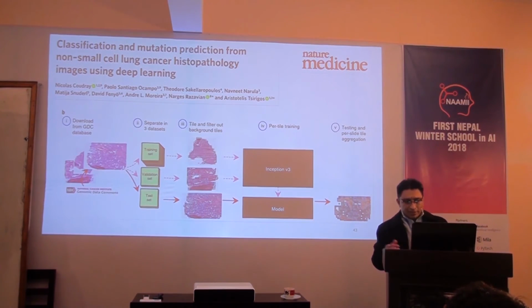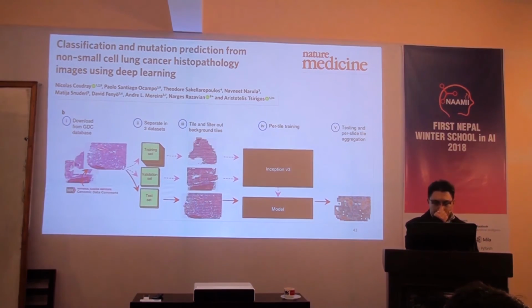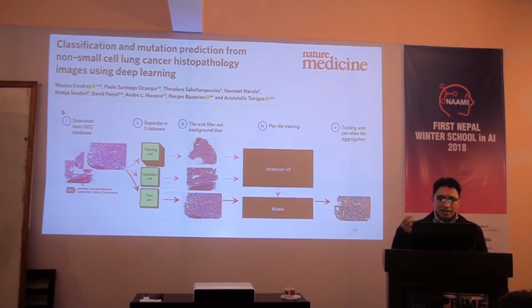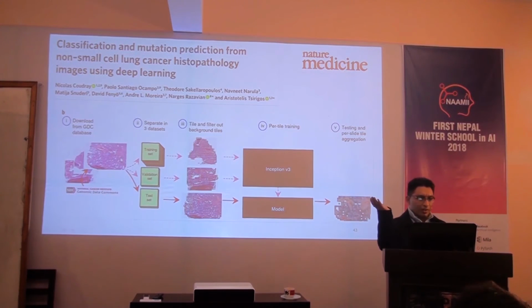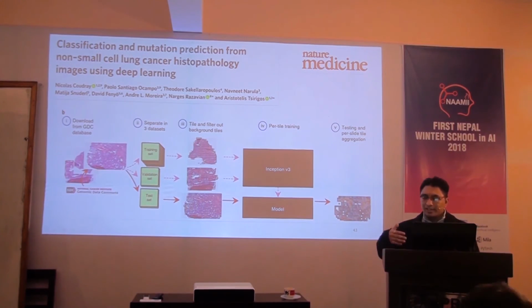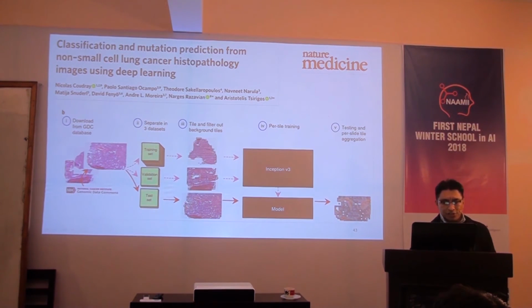And this is another problem where they also look at images from individual tissues. This image is from a section of a tissue from, let's say, a cancer patient. They try to distinguish between different kinds of cancer by looking at the tissue itself.